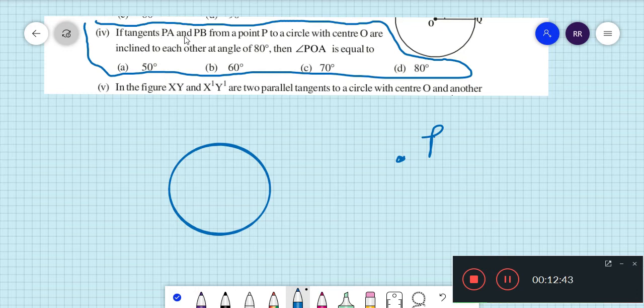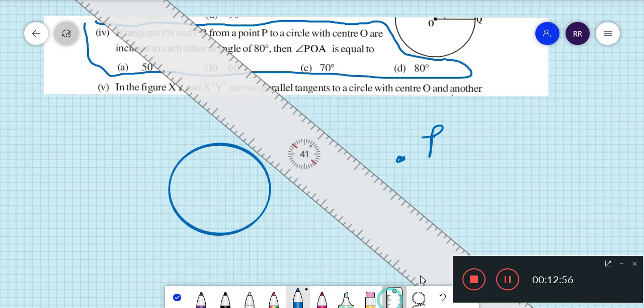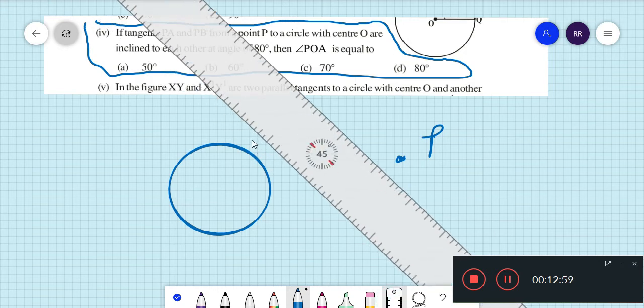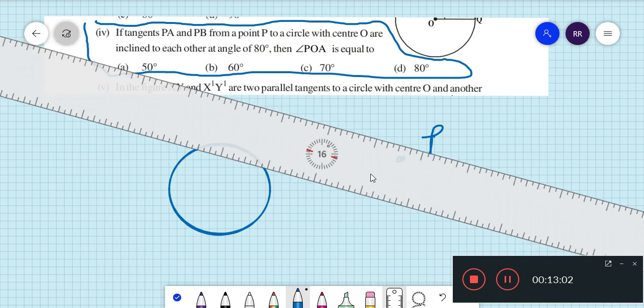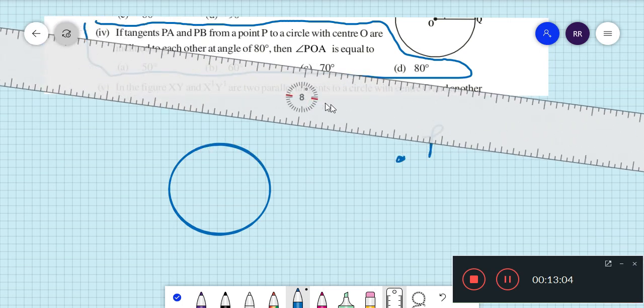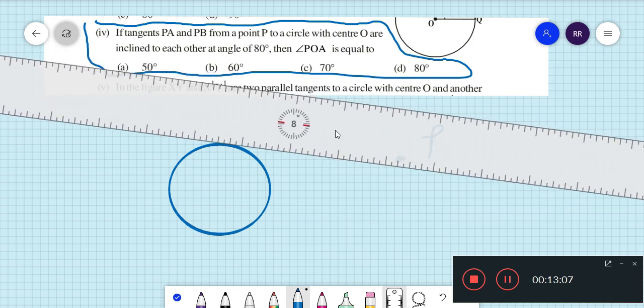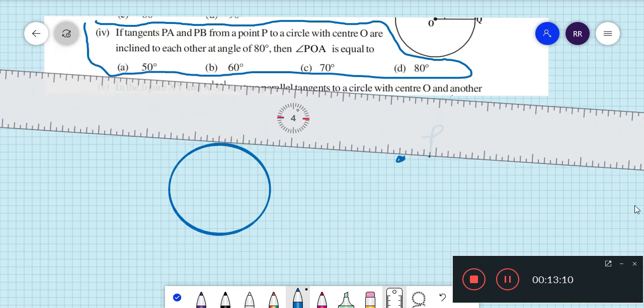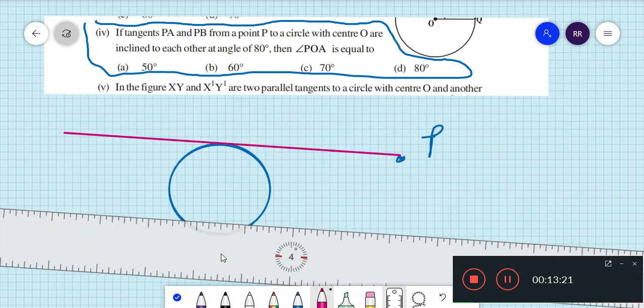The tangents PA and PB from a point. So PA, PB are the tangents, so look here. Okay, I will take the scale. Children, see, from point P, this is a tangent.